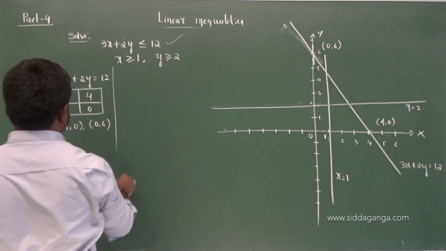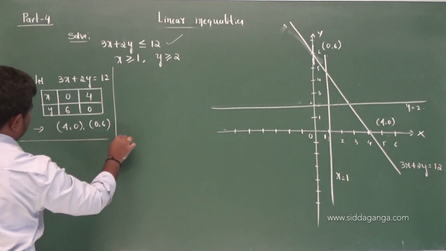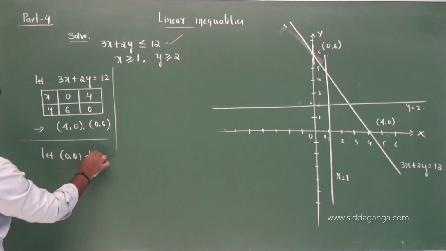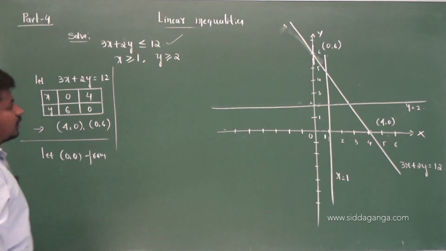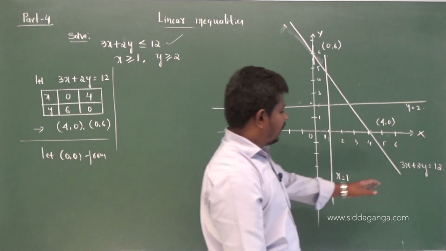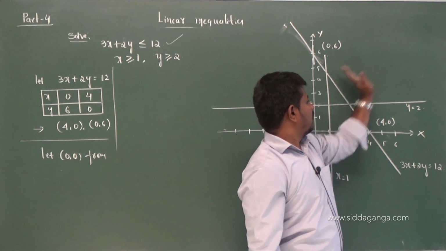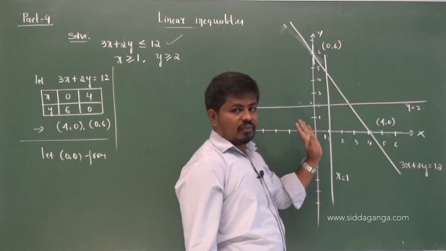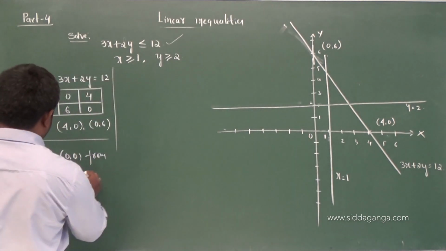So, let (0, 0). This line 3x plus 2y is equal to 12 divides the plane into upper half plane and lower half plane. So, (0, 0) comes in the lower half plane.